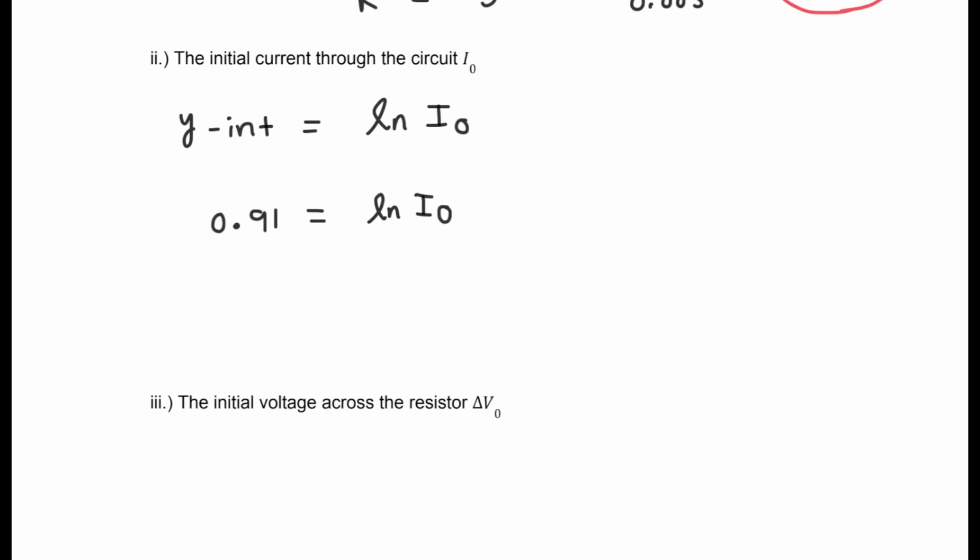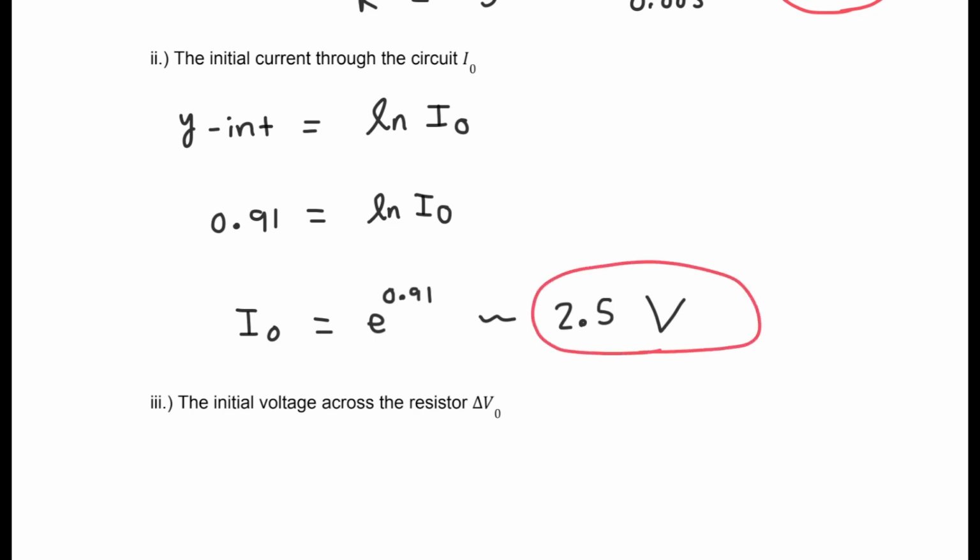So to undo that log, we just e both sides, for lack of a better term. So I0 would just be e to the 0.91. And this is approximately 2.5 volts. Nope, definitely not volts. Sorry, amps.